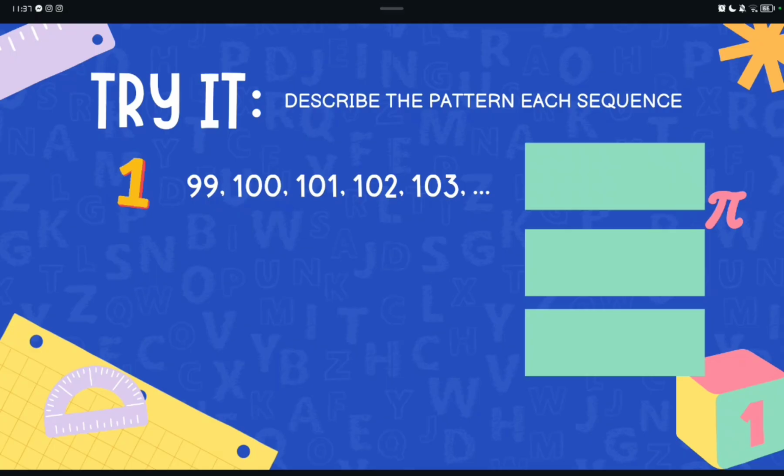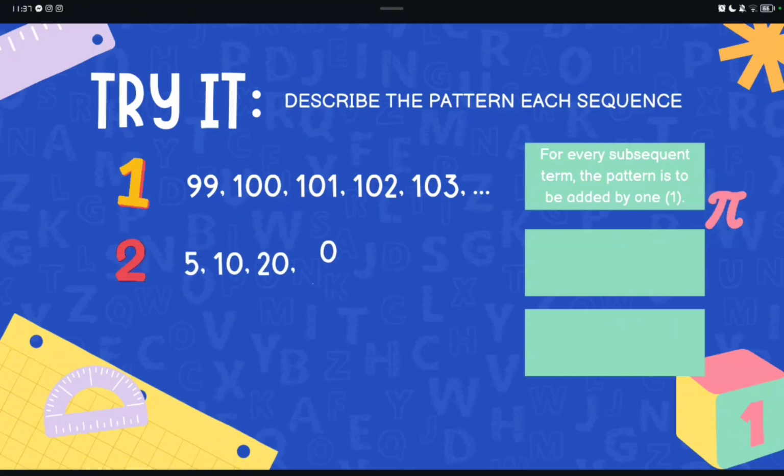The pattern here is that for every subsequent term, you add 1. It means 99 plus 1 is equal to 100, then plus 1 is 101, plus 1 is 102, plus 1 is 103. That is the pattern. And 2, we have 5, 10, 20, 40, 80.